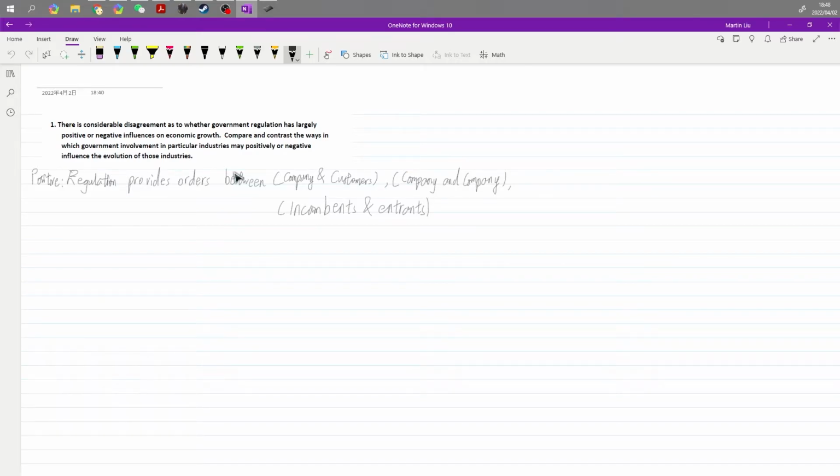And the second point, between company and company. This is about keeping the competition within the market relatively less aggressive. If the competition in the market becomes too aggressive, a large company can simply swallow the smaller ones, buying them off or pushing them out of the trade. When this kind of competition happens, eventually the market will end up in a disastrous state.